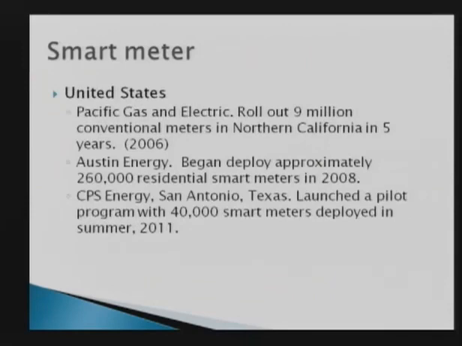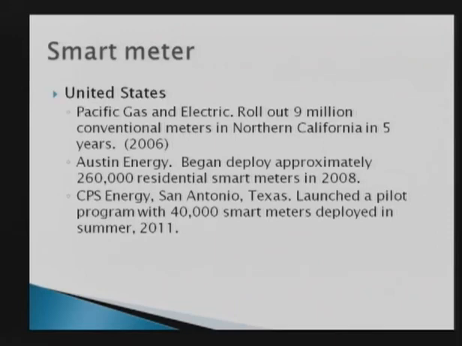Nowadays, there are a lot of implementations of smart meters, and here are just some examples in the United States. From 2006, in California, there was a plan for 9 million meters to be installed in Northern California.